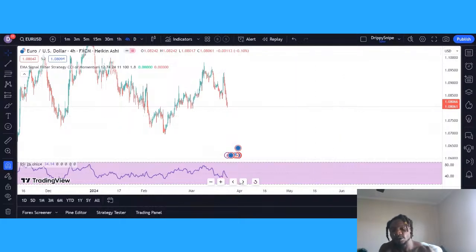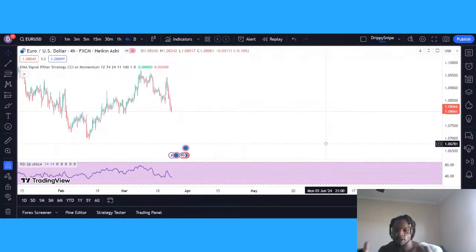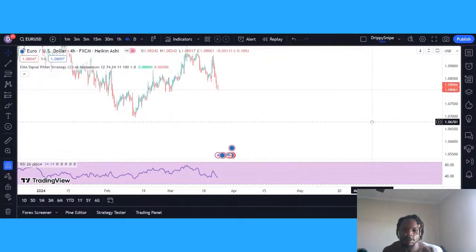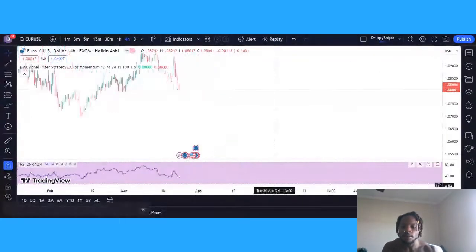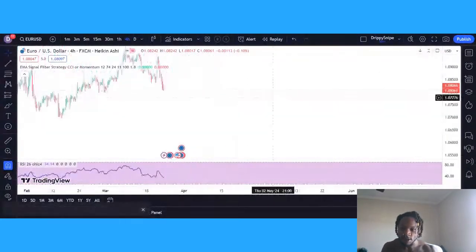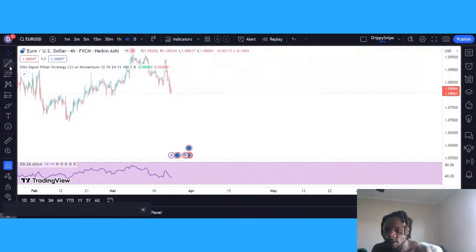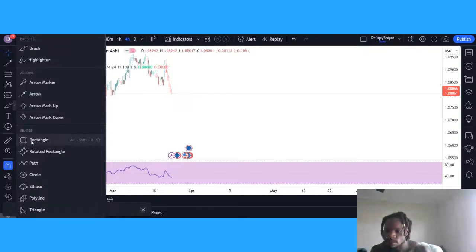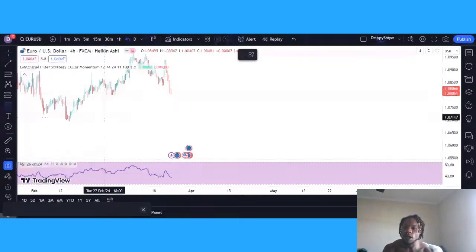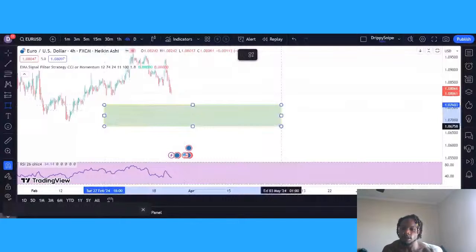Most of institutional money is leaning more towards the sell side. There is still some institutional money on the buy side, but it just outweighs. So right now I'm honestly looking for a touch of, me personally, I just want to fill in all of this. You know what I mean?